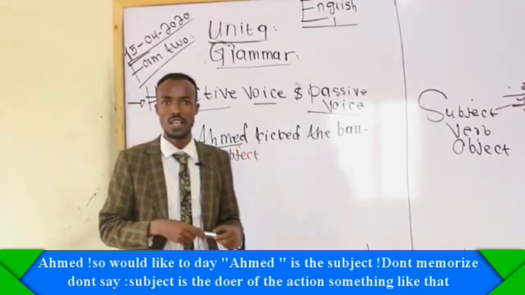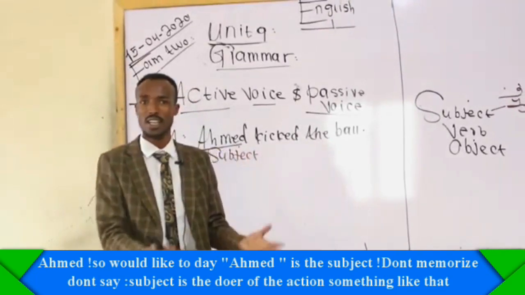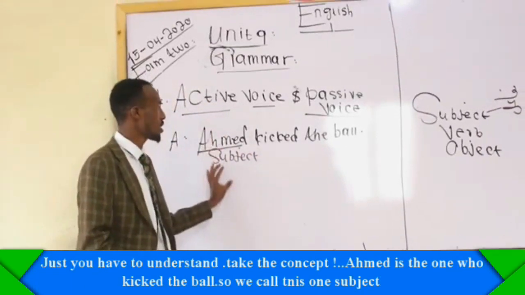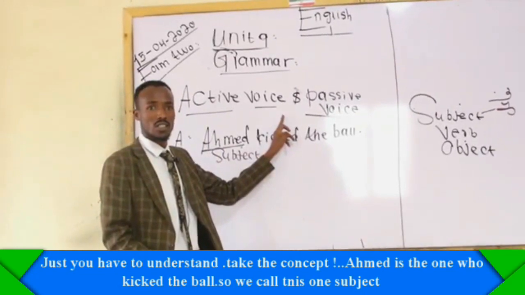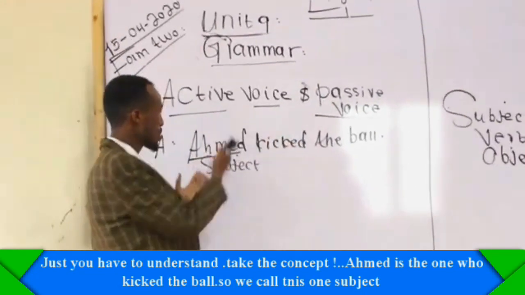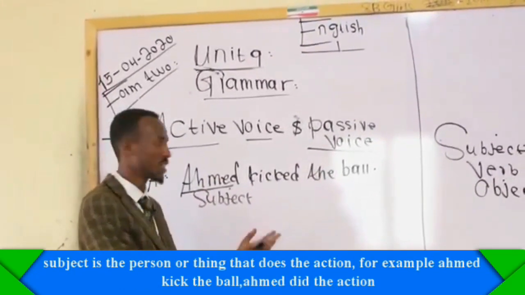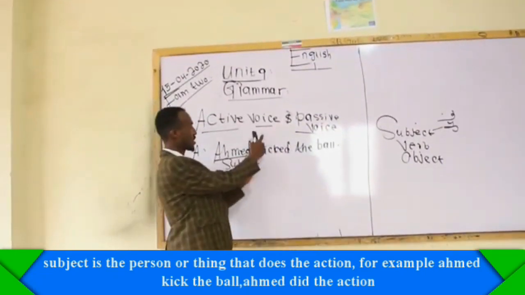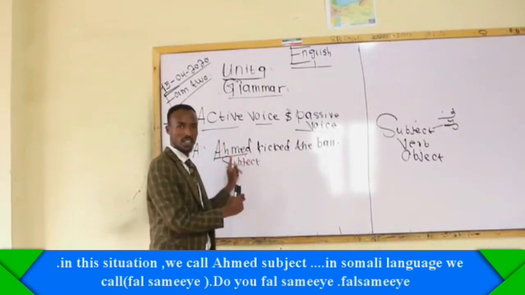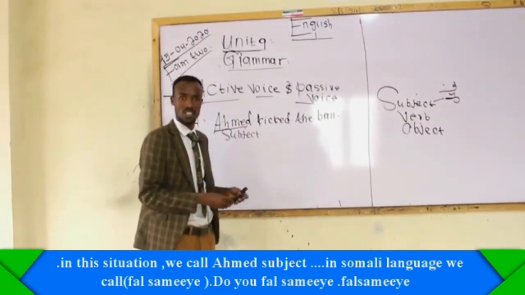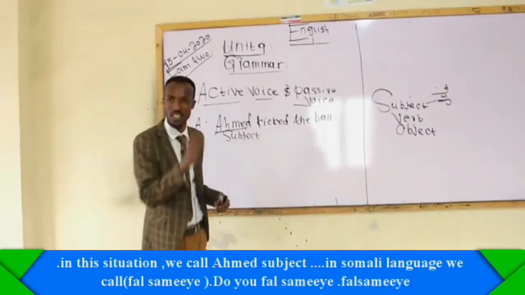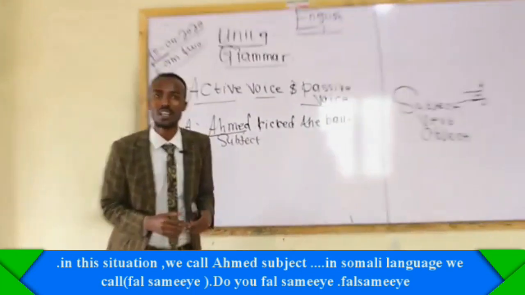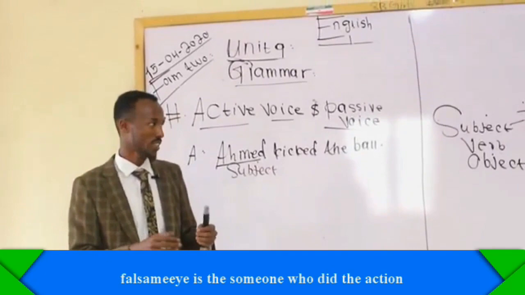Don't memorize, don't say subject is the doer of the action, something like that. Just understand the concept. Ahmad is the one who kicked the ball. So we call this the subject. In Arabic we call it fa'il, and in Somali we call it falsamay. Falsamay is someone who did the action.